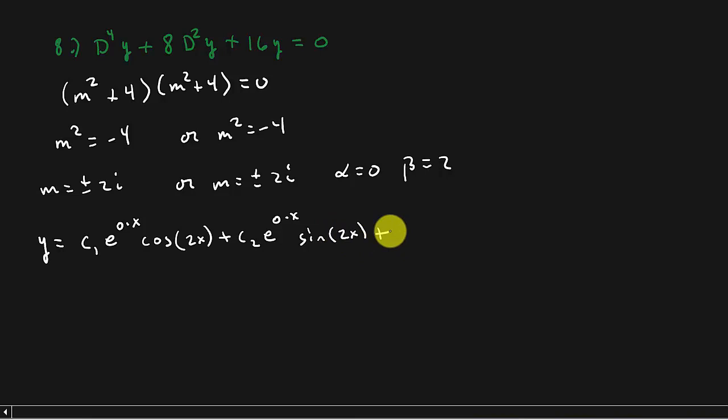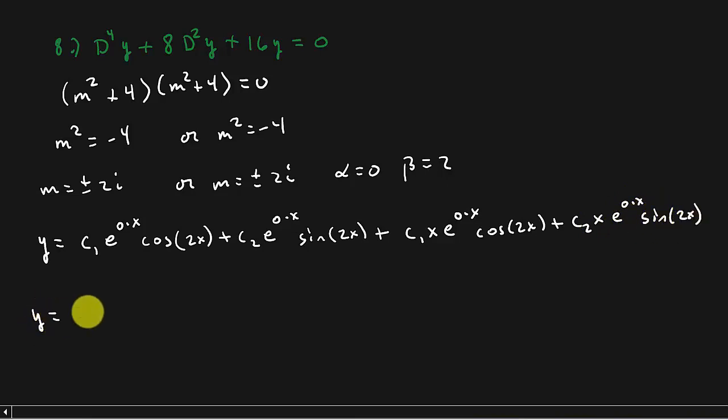Okay, that takes care of that one. Now we've got this one over here, and that's going to be c1x e to the 0 times x cosine 2x plus c2x e to the 0 times x sine 2x.